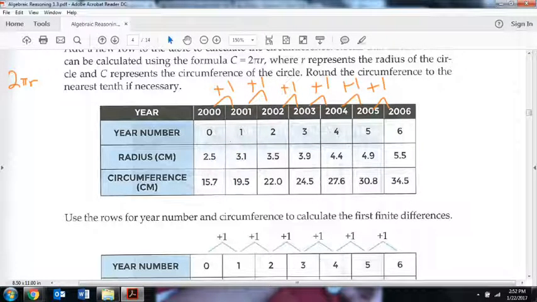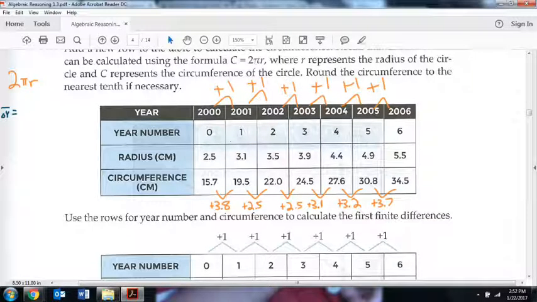So let's go ahead and do this one as well, just like we did before, and find our differences. 19.5 minus 15.7, we get 3.8. So we added 3.8. And then I'm going to pause the video and fill in the rest of these real quick. All right, so we got those differences right there. And again, we can use those differences to find an average change in y. The average change in y, whenever we put a bar over it, that typically means average, is going to equal, add them all up and divide by how many there are.